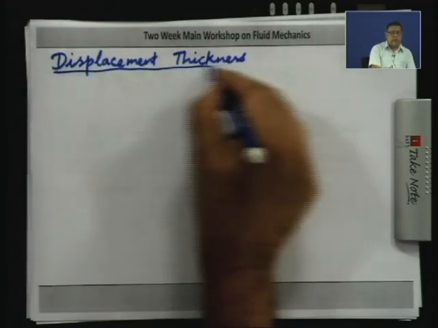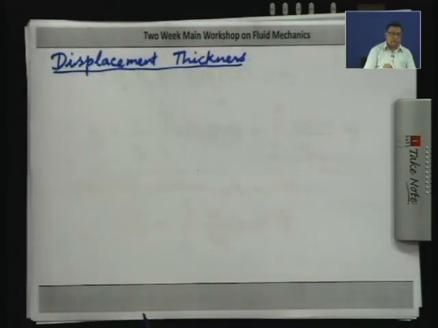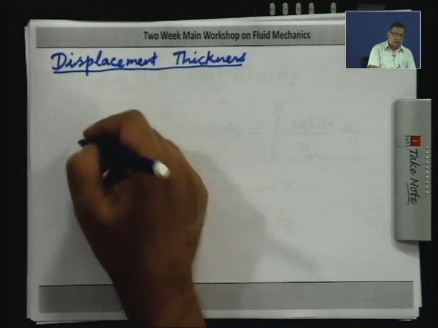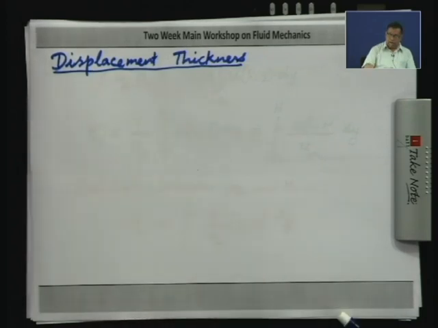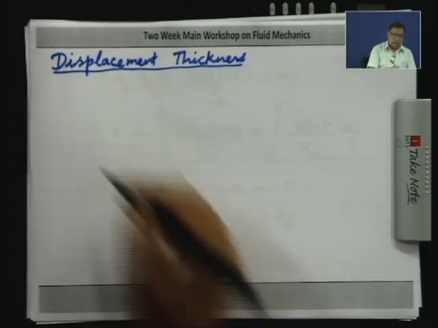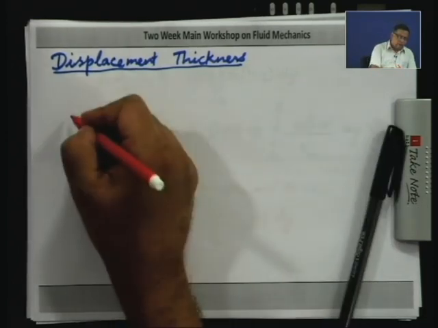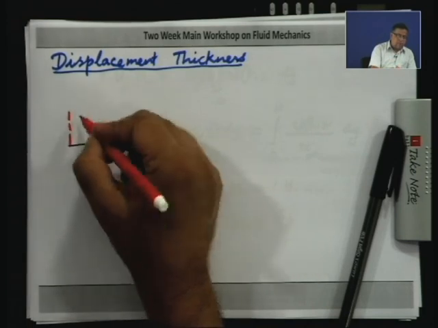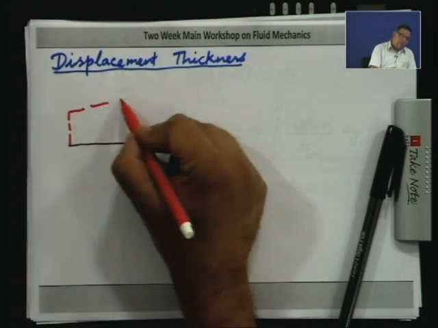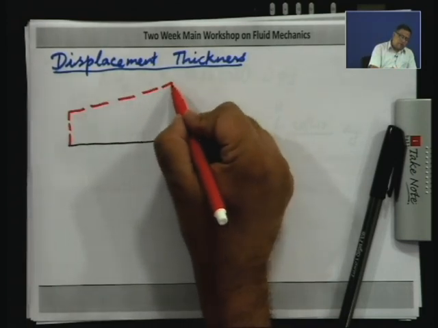So, this is related to the displacement of the bounded streamlines. If you go back to the figure which we had earlier, this is the plate and we had a control volume where one surface was the stream surface.